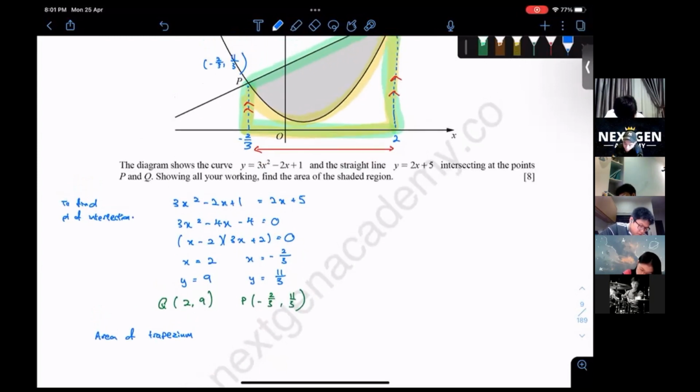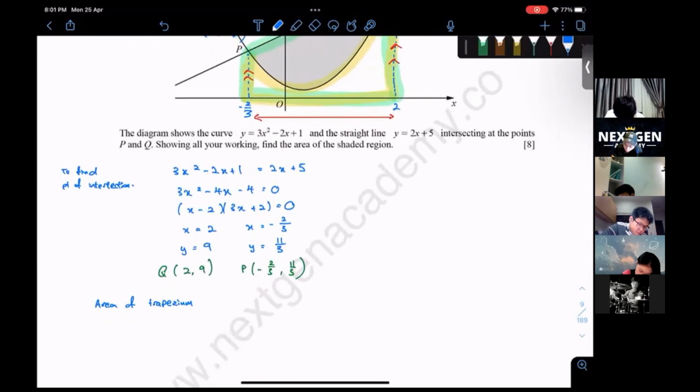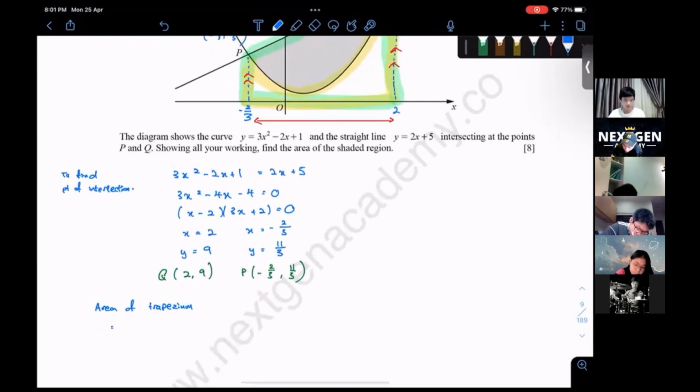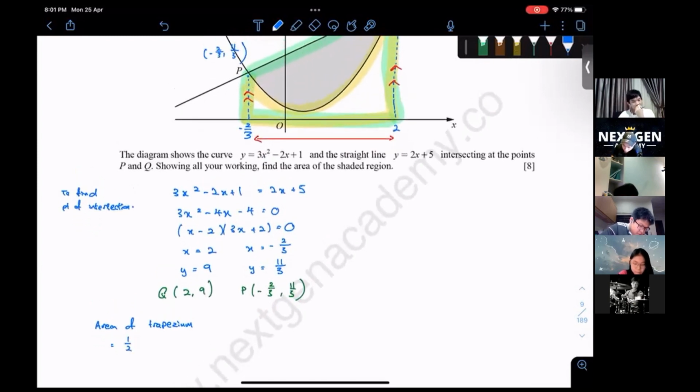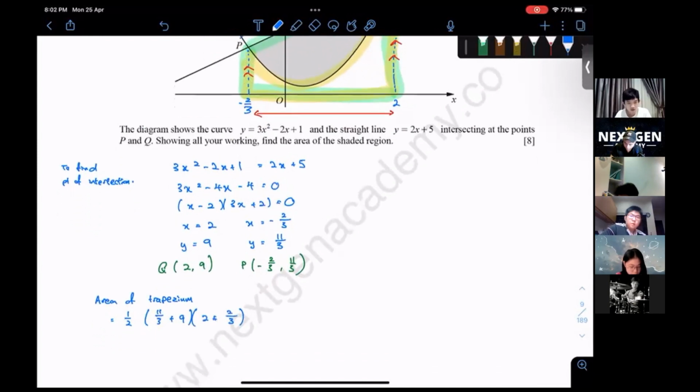So I will use this method, area of trapezium, which equals half times 11 over 3 plus 9, times 2 plus 2 over 3. You've got to find the height. So 1 over 2 times, I break it down, 11 over 3 plus 9.